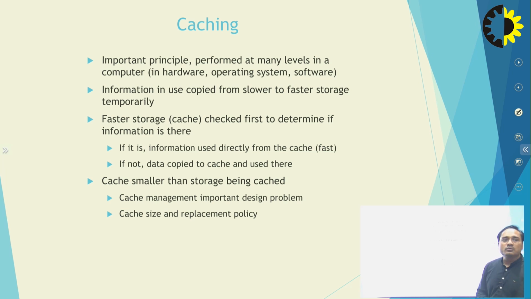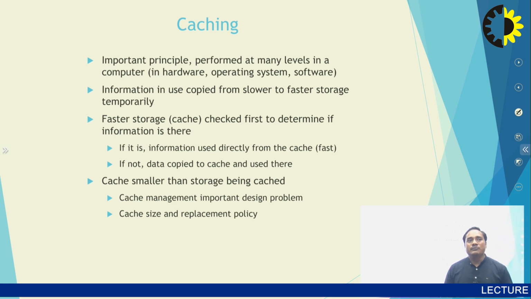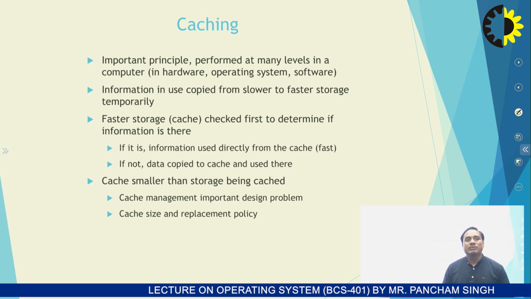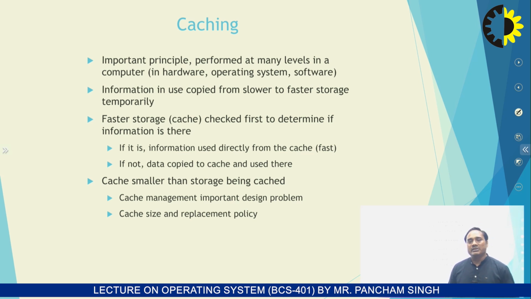Whenever you call a program, that program is temporarily stored in the cache. If your program is not in main memory, you can search for that particular program in the cache and get the data from the cache. So it will reduce the access time of that particular program or pages.